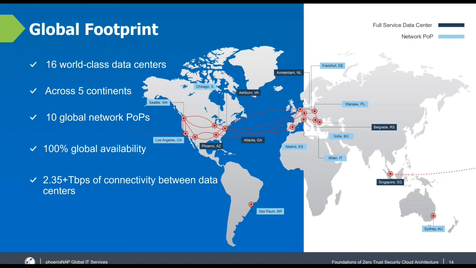We have a lot of scale that you won't find in the VMware cloud provider ecosystem. It's a different type of scale, and it can bring a lot of value, especially for executing on hybrid approaches. When you look at it and say, hey, phoenixNAP, I just bought 100 servers to refresh my environment 2 years ago. I'm out of capacity, but my CFO is saying, I don't want to buy any more servers.